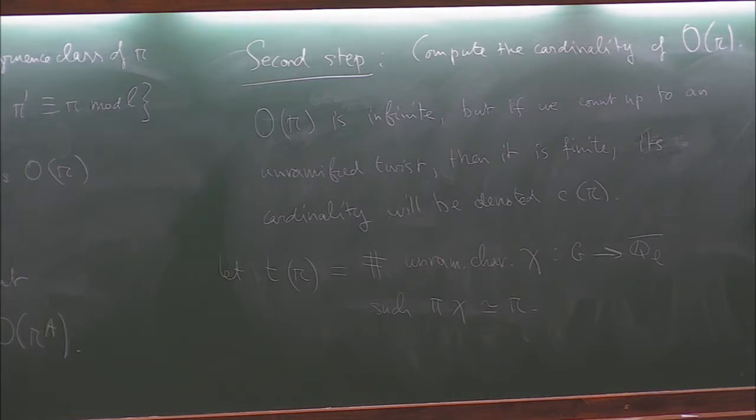And another definition: let V of pi be the L-adic valuation of Q to the T of pi minus 1. So it is the exponent of the maximal power of L which divides Q to the T of pi minus 1.